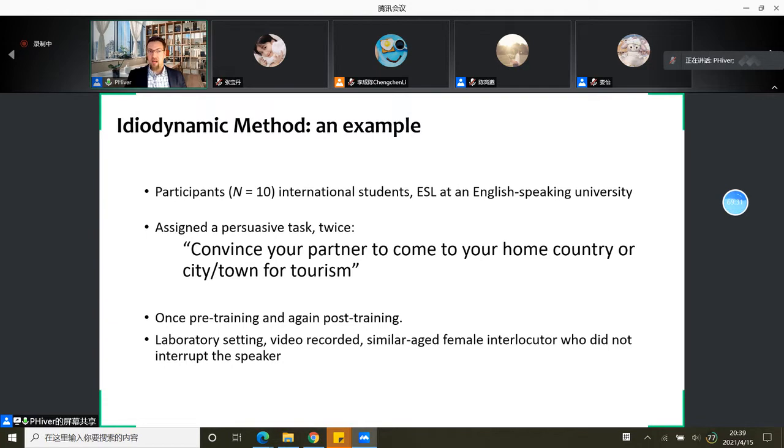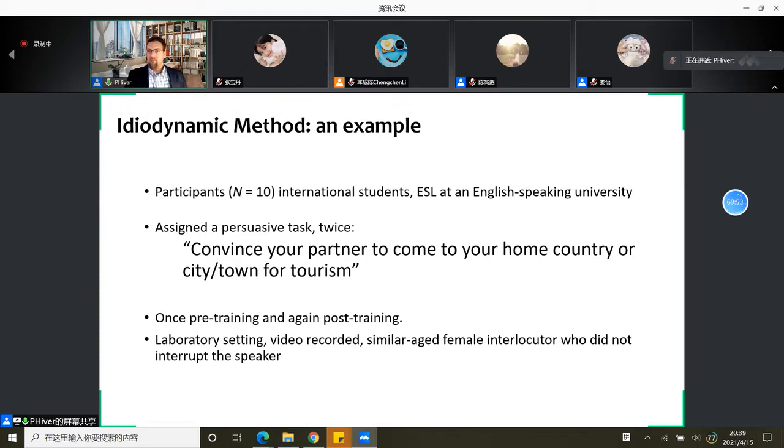Nonverbal strategies are things that can help clarify meaning during interaction.